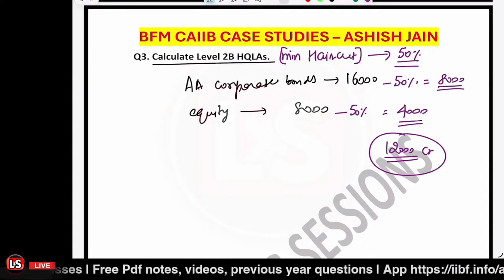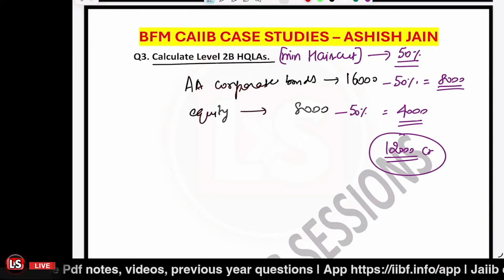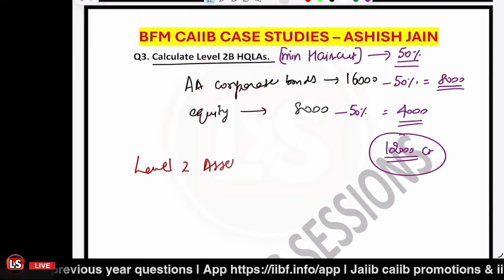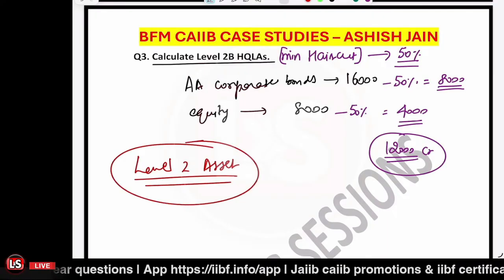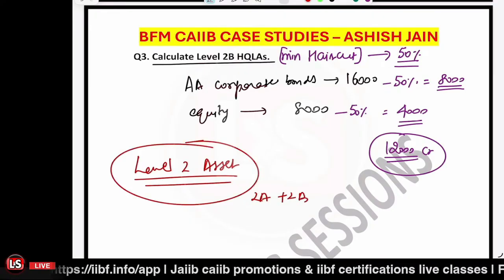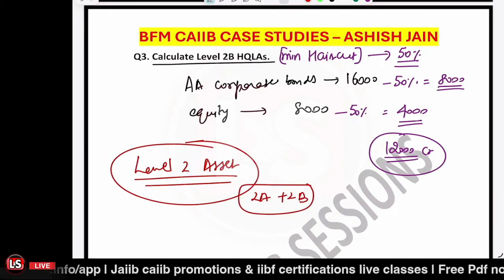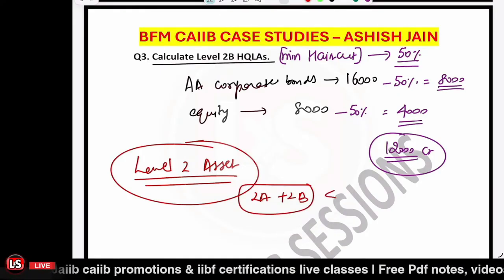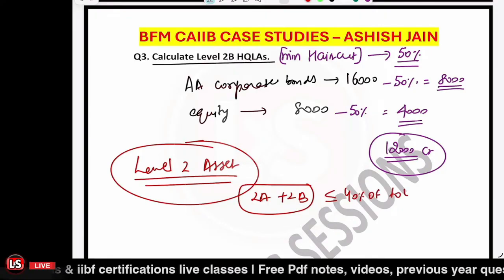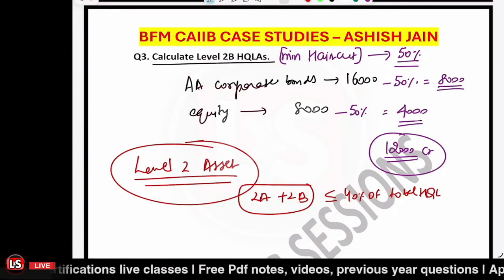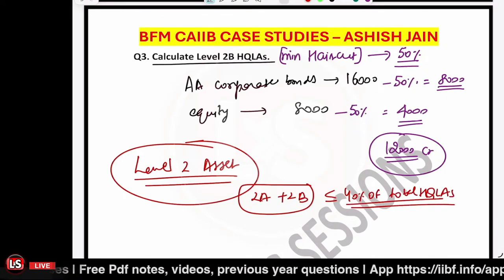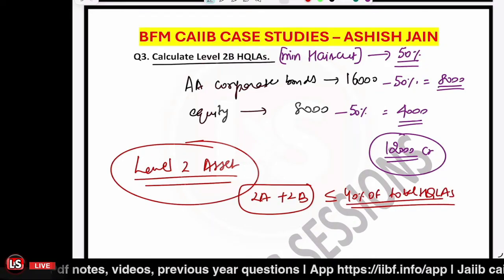For level 2 assets, in total, we are talking about level 2A plus 2B, it cannot be more than 40%. So it should be lesser than or equal to 40% of the total HQLAs.